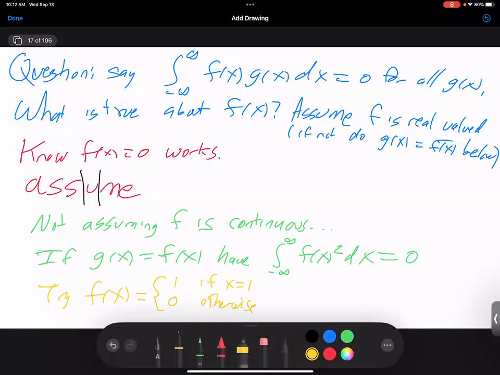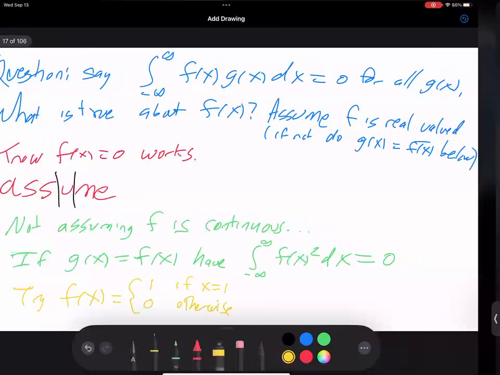Now, this is supposed to integrate to 0 for any choice of g. This is now doing it for a specific choice of g. We have to show that no matter what g we put in, this is still going to integrate to 0. Will this still work for any g? Yeah, I have a function that's 0 everywhere but one point. So no matter what g I put in, it should work, right?